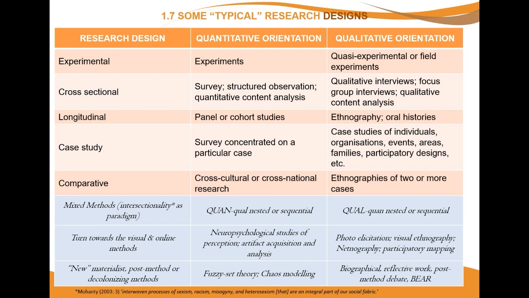And there's also the new materialist and post method kinds of research designs, where we strive to decolonize the method and problematize this template type approach to research designs, where we allow for things such as chaos modeling when we're quantitative, and qualitative, the more biographical reflective work. And I will give you a few teasers for these methods later on.